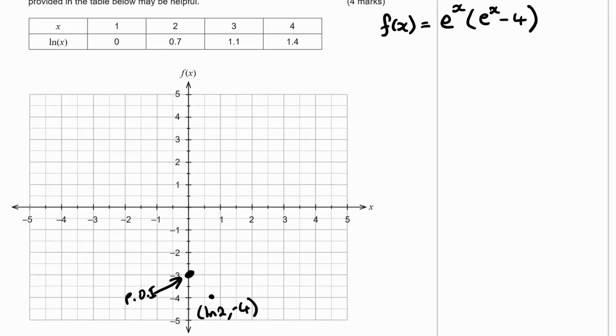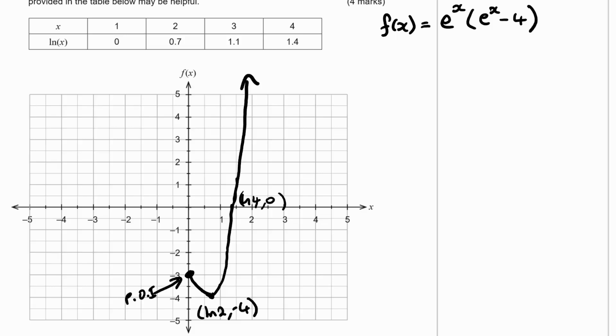The x-intercept was at ln 4, 0, and ln 4 is 1.4 according to this. So that's going to be about there. Okay, with no other turning points or points of inflection, really this bit has to go like that, fairly sharply up there.